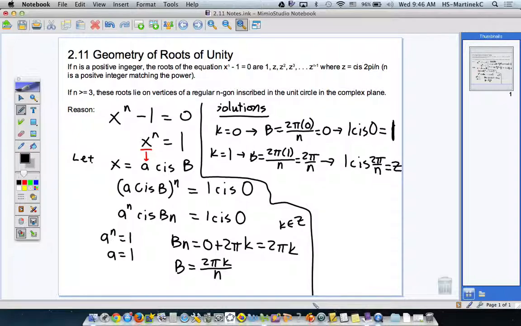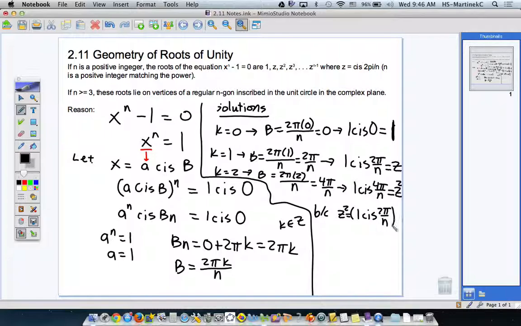And then if we took k equals 2, then B would equal 2 pi times 2 over n, so 4 pi over n, well that's 1 cis 4 pi over n, well that's the same as z squared, because z squared would equal 1 cis 2 pi over n, squared.